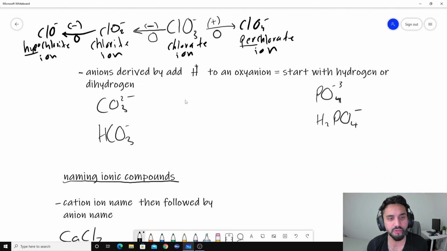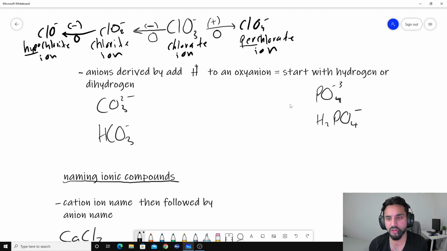So we can have a situation where we add a hydrogen to an oxyanion. For example, we have a chlorate here, and then we added a hydrogen into this molecule. And whenever you have this situation, if you see one hydrogen, the name starts with hydrogen.